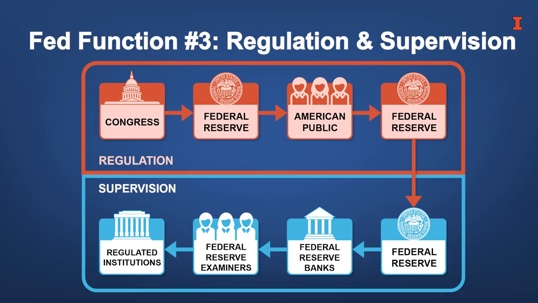If rules are violated, supervisors can impose fines and other penalties, such as restrictions on dividend payments. Supervision relates to financial stability. It is a microprudential approach. Supervision ensures the safety and soundness of individual financial institutions.